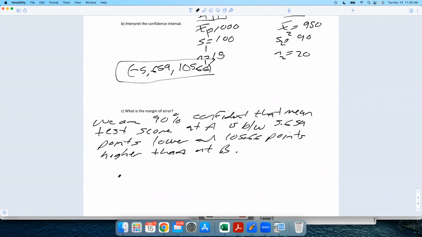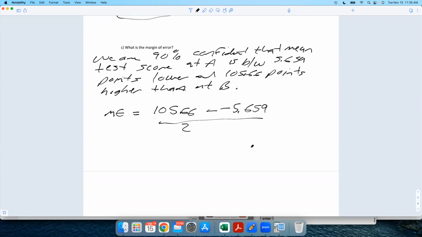Okay, let's find our margin of error. We got to be careful here, especially when we got these negatives. High minus low, that's a negative, minus a negative. It's always high minus low, but the low was a negative number.